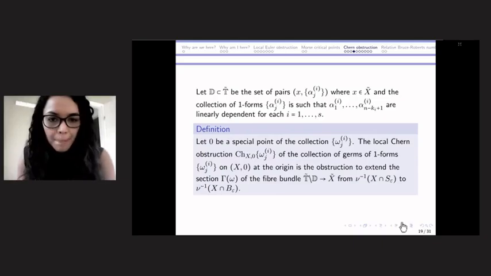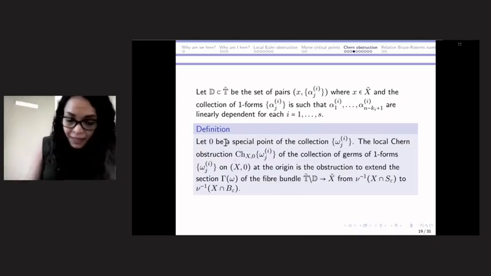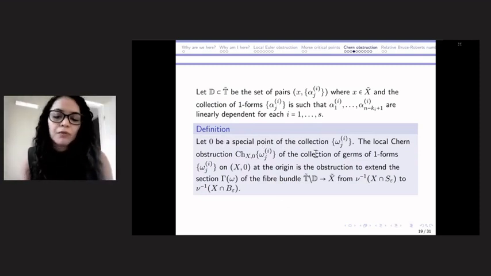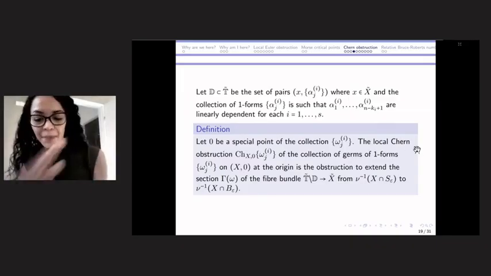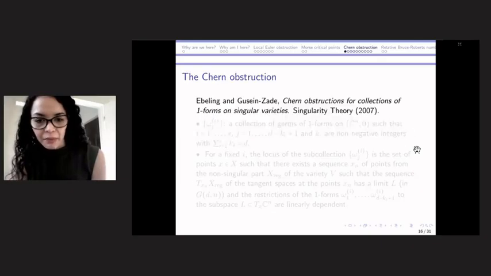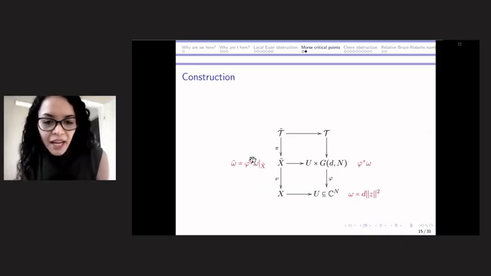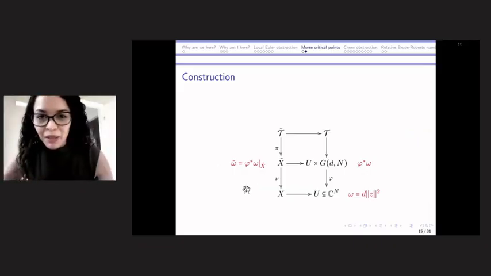All right. And then given this special point, the Chern obstruction of a collection of one differential forms will be the obstruction, and what I mean is the following. We do have the same construction as before. Over here we would have a collection of differential forms, which is a section of the dual Nash bundle, the summation of Nash bundles.